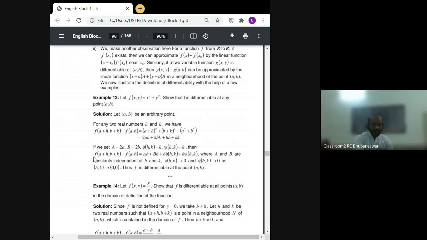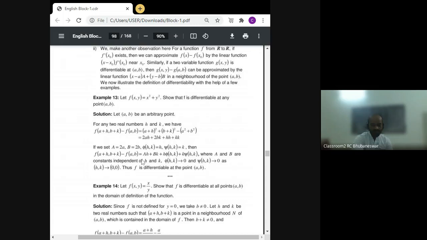Now, if we set capital A equal to 2a, capital B equal to 2b, the phi function equal to h, and the psi function equal to k, the meaning of this expression is that we take the other h as a function phi and k as a function psi.